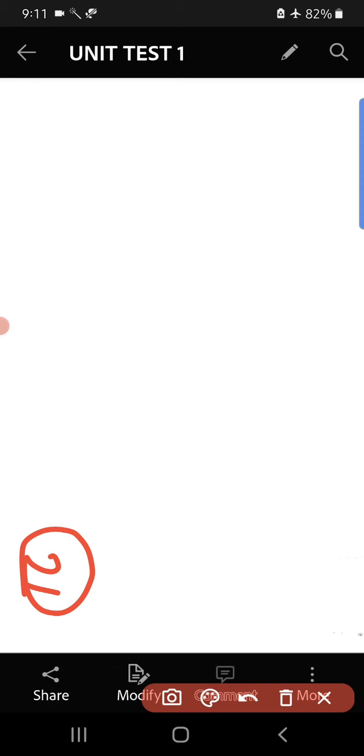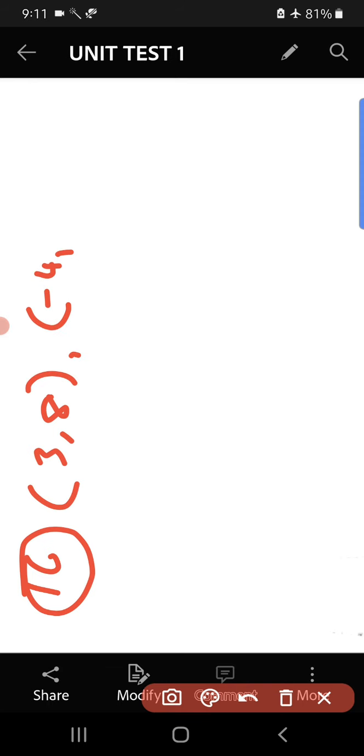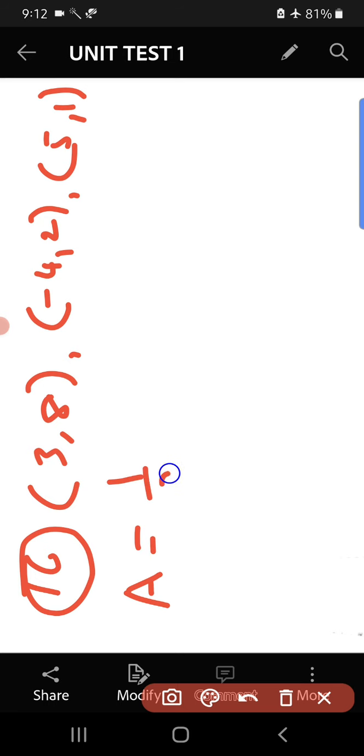So let us go for the 16th question. Find the area of the triangle whose vertices are, say, 3 8, minus 4 2, then 5 1, using determinants. The area of the triangle formula is half times the determinant.